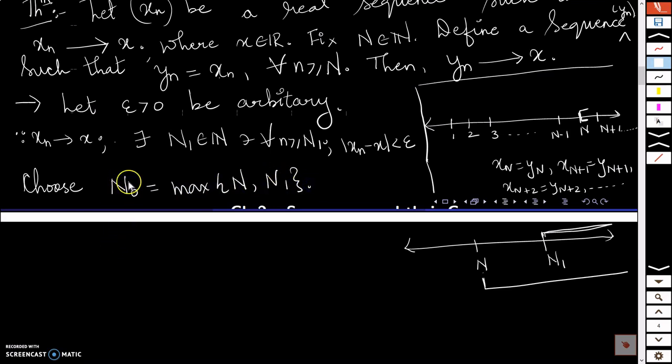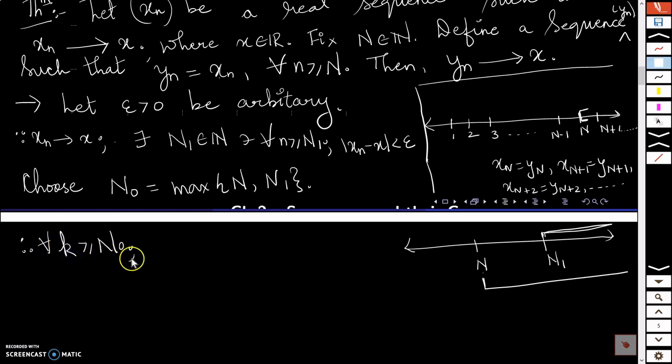Now for this n naught, after this stage n naught, yn will be equal to xn, and this inequality will also work because I am picking the maximum of both the natural numbers. Therefore for all natural numbers n bigger than or equal to this n naught, why only n? Let's use some other notation, let's say k I will use here.